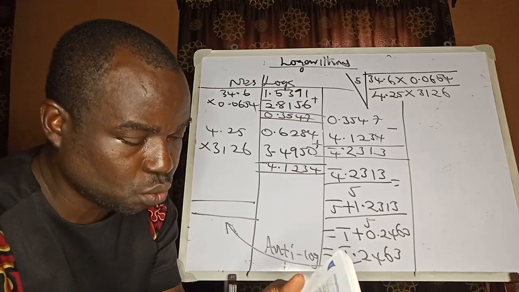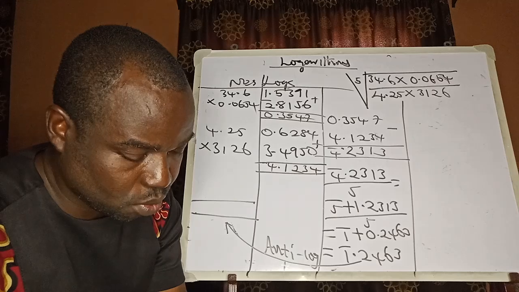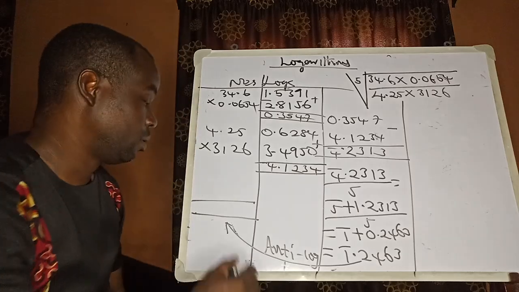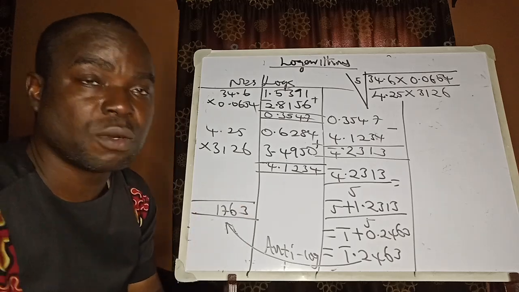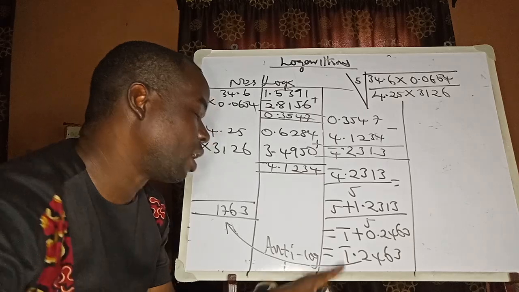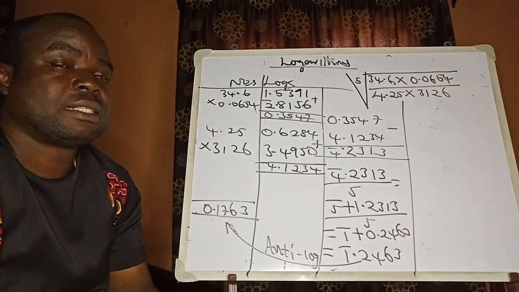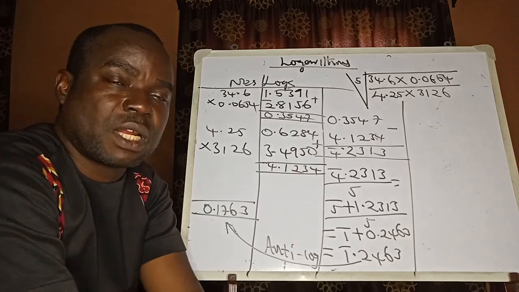Difference 3 is 1 actually. So 1762 plus 1 is 1763. Are you following now? So this bar 1 now means 1 single 0. You now put your point. And that's the final answer to the question.